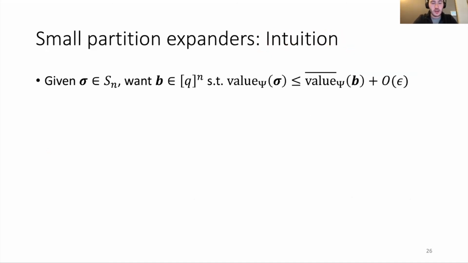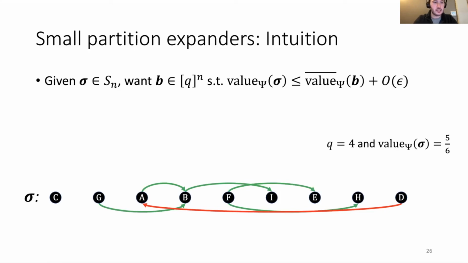Finally, how do we get this property 5 that we wanted in order to conclude the proof? Given an assignment sigma to the MAS instance, we want to create an assignment B to the max CSP instance, so that the value of sigma is not too much larger than the value of B. So how are we going to do this? We're going to start again with a picture.